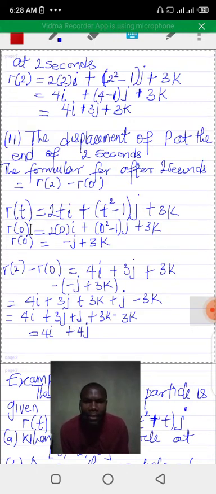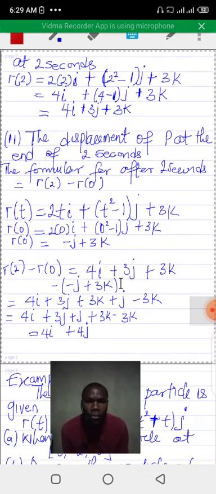So at time 2 the value is 4i plus 3j plus 3k, minus (−j plus 3k).